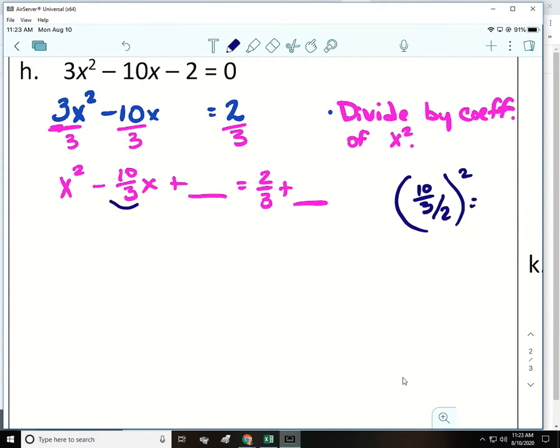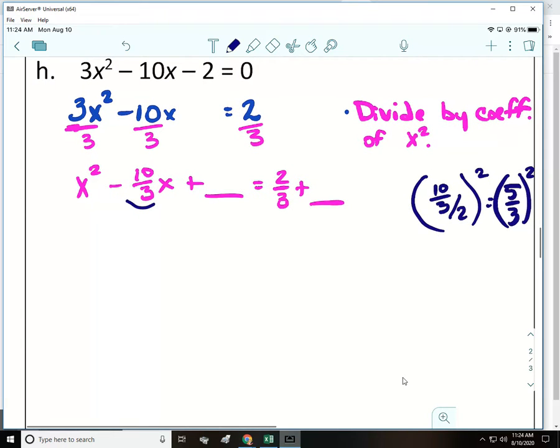So we have 10/3 gathered up, and we want half of that. It's going to be 5/3. Right? And then do you guys know how to square a fraction? You just square the numerator and get 25. Square the denominator and get 9. That's what we're going to add to each side.